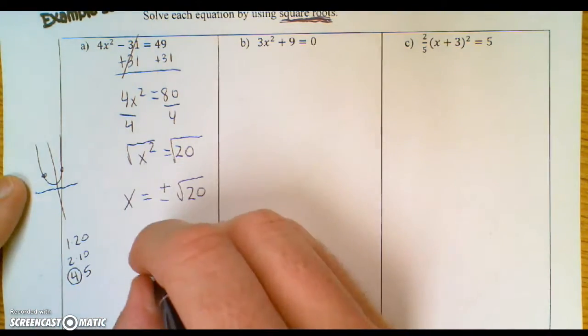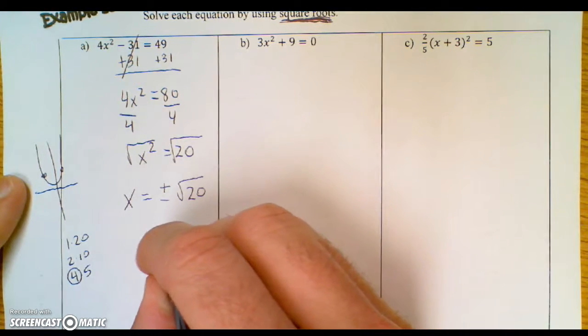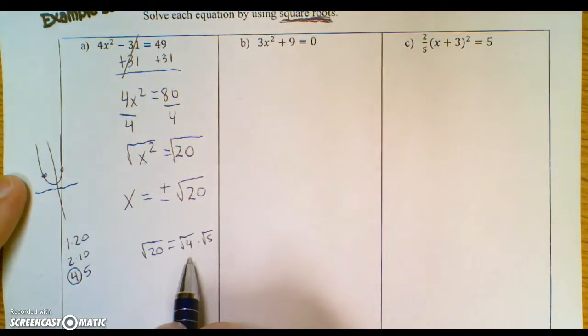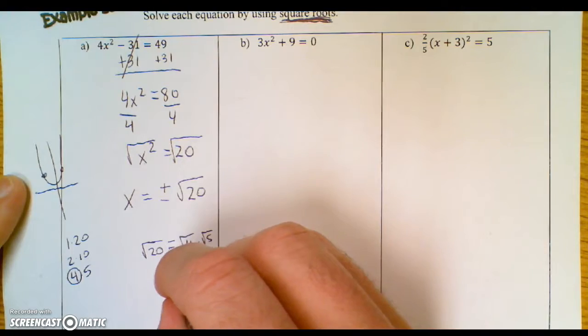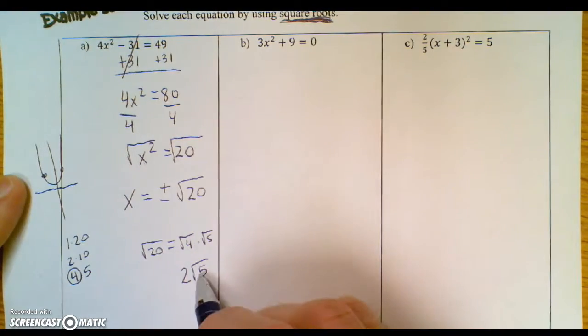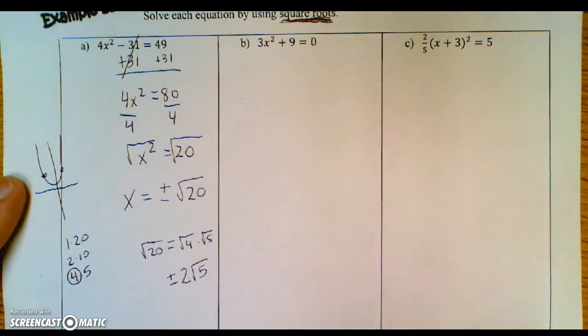So if I rewrite the square root of 20 as the square root of 4 times the square root of 5, what's the square root of 4? Well, the square root of 4 is 2. So I can rewrite that as 2 root 5. So this is a simplified version of that answer. We would also have to say the plus or minus to keep the answer the same.